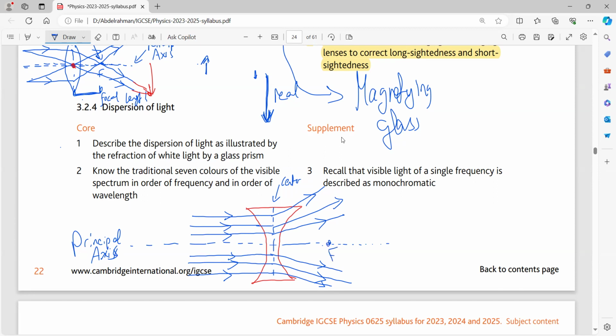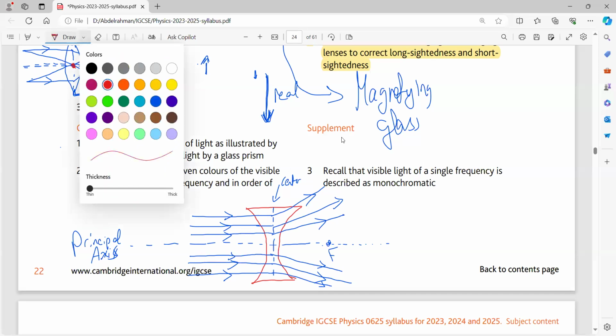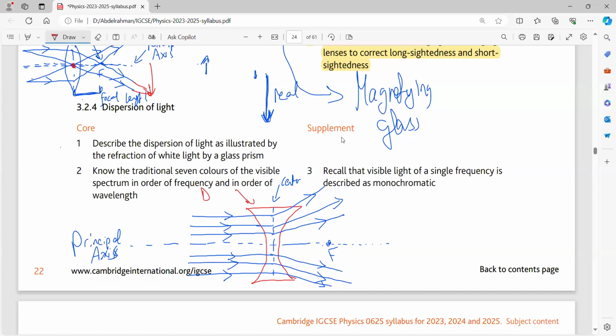This is the diverging lens, and this is a converging lens. That's the simple difference between a converging lens and a diverging lens.